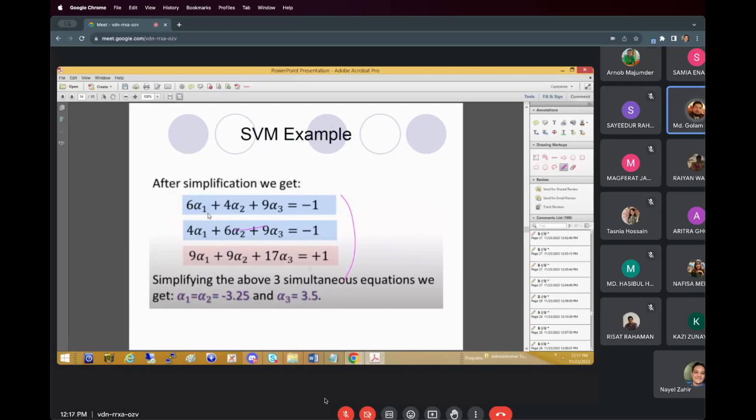With three equations, by solving them we can easily find the alpha 1, alpha 2, and alpha 3 values. In this case, alpha 1 equals alpha 2, which is minus 3.25, and alpha 3 equals 3.5.